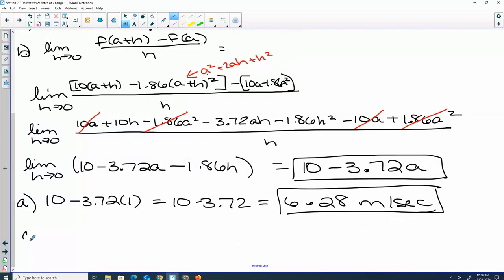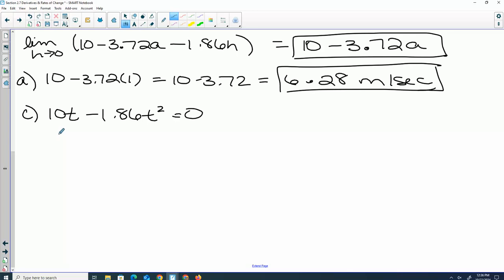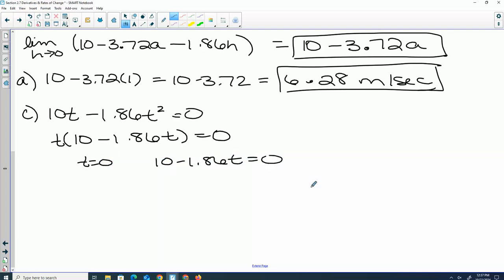So I am just setting the original, 10t minus 1.86t squared, equal to 0. If it hits the surface, that means the height is 0. Okay, we can factor out t, so if you set them equal to 0, you get t equals 0, and 10 minus 1.86t equals 0.